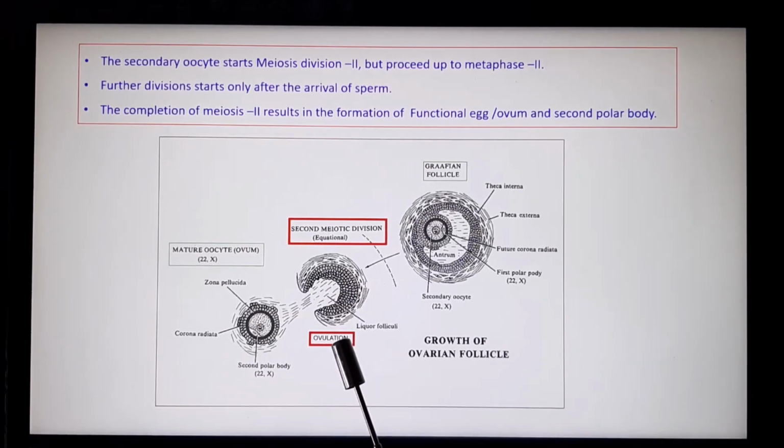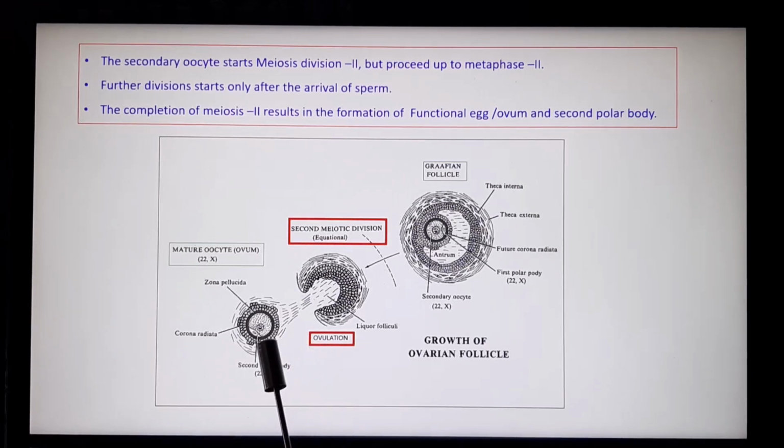So this process is called ovulation. We can see within the secondary oocyte the second polar body and the associated part, the zona pellucida, and the corona radiata is formed around the zona pellucida.